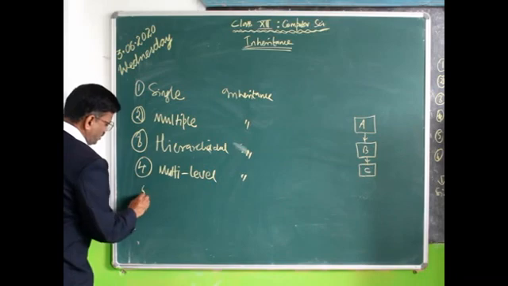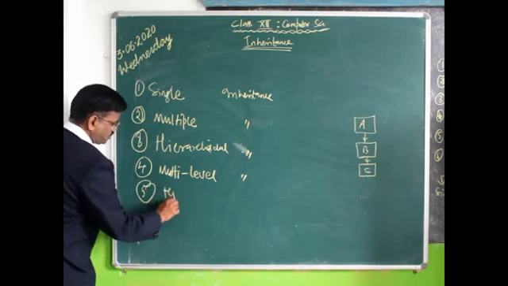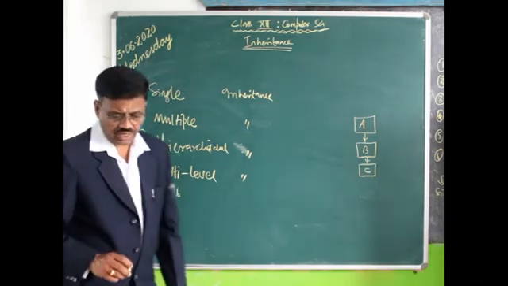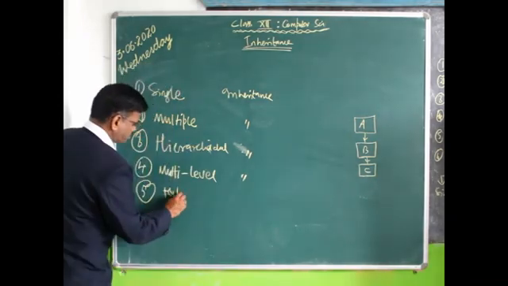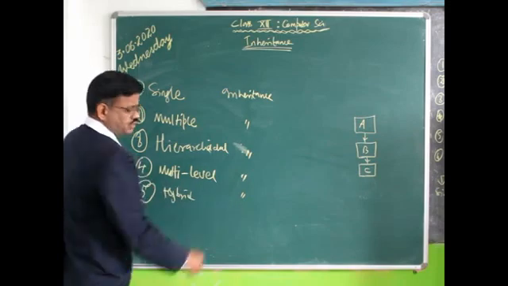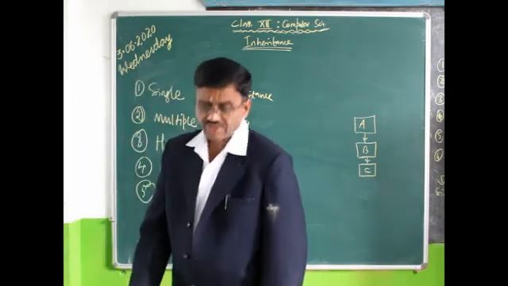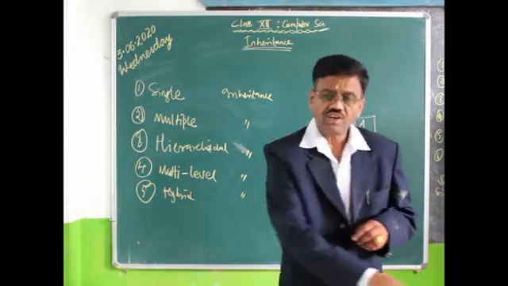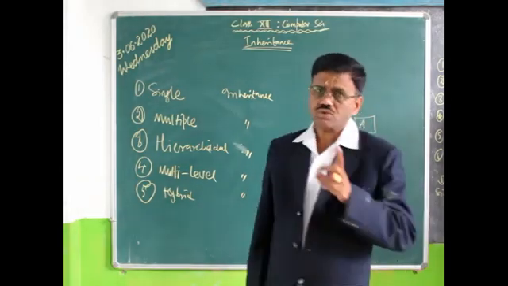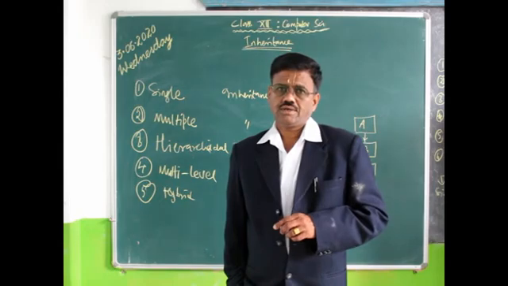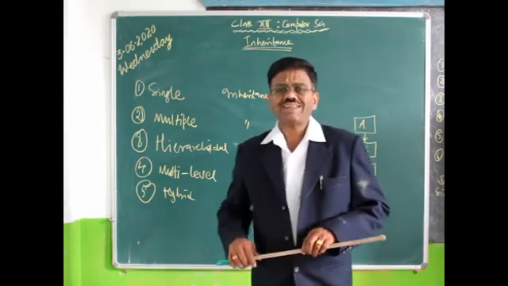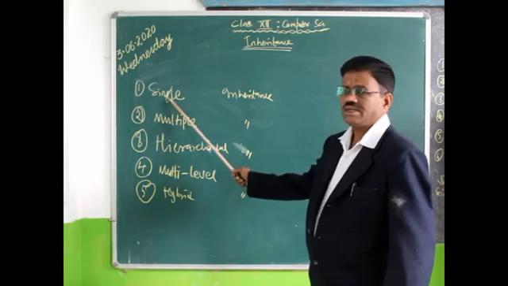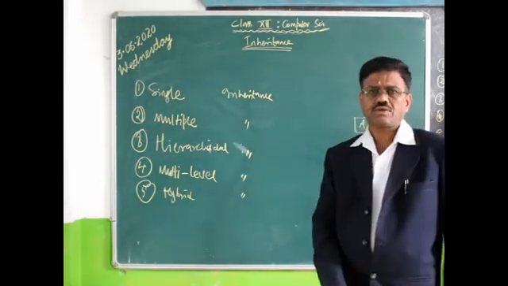And the fifth one is called hybrid. I'm going to tell you, you need to know the different forms of inheritance, boys and girls. But for all practical purposes in your syllabus, you will be learning only single inheritance.